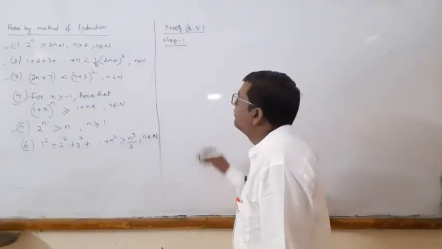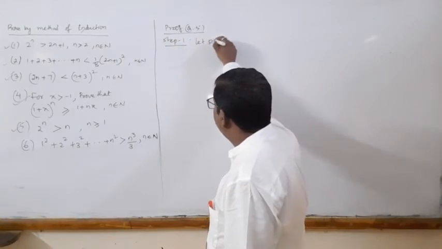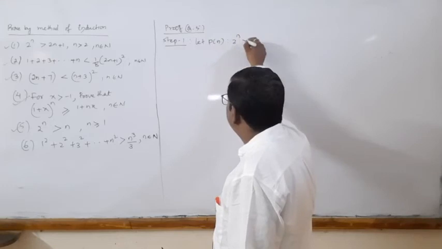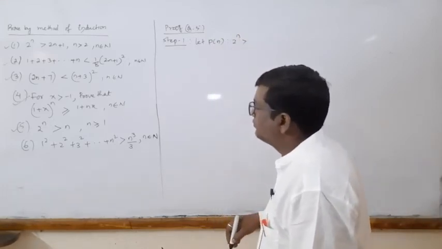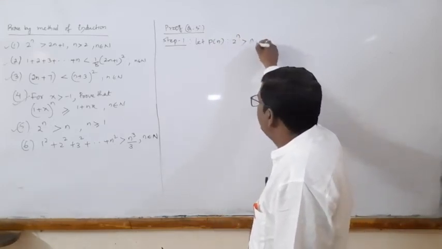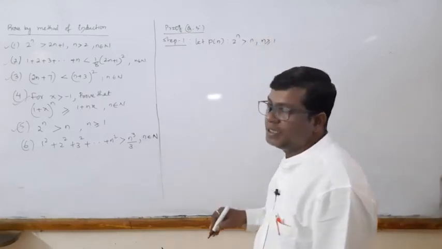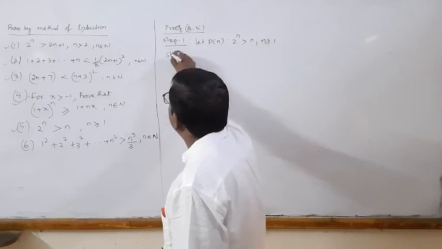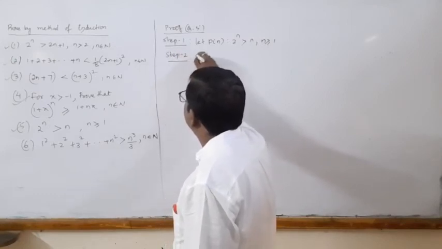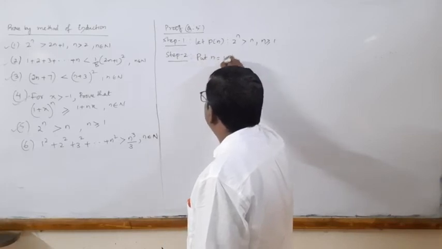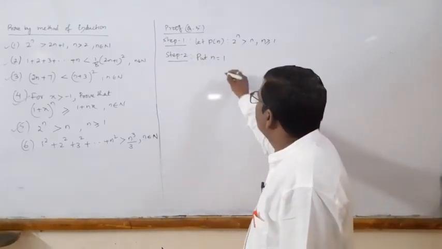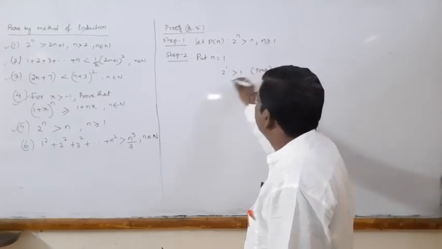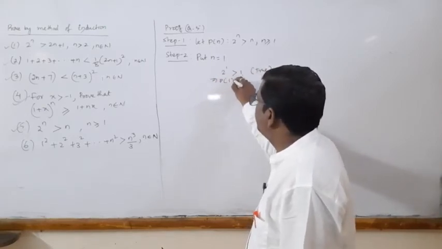Let P of n be such that 2 to the power n greater than n, n greater than or equal to 1. Step 2. Put n is equal to 1. So 2 to the power 1 greater than 1, it is true. That implies P of 1 is true.